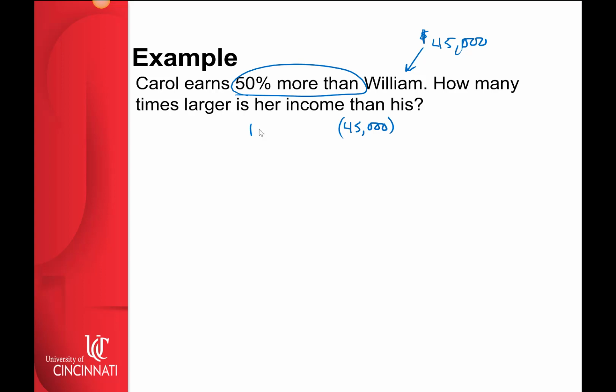It's going to be 100% of William's plus 50% more, which gives 150%, which means when we bring it over here, we slide the decimal 2 places, and it's going to be 1.5, isn't it? Does that make sense? So it's the 45,000 times 1.5 equals, she's making 67.5.